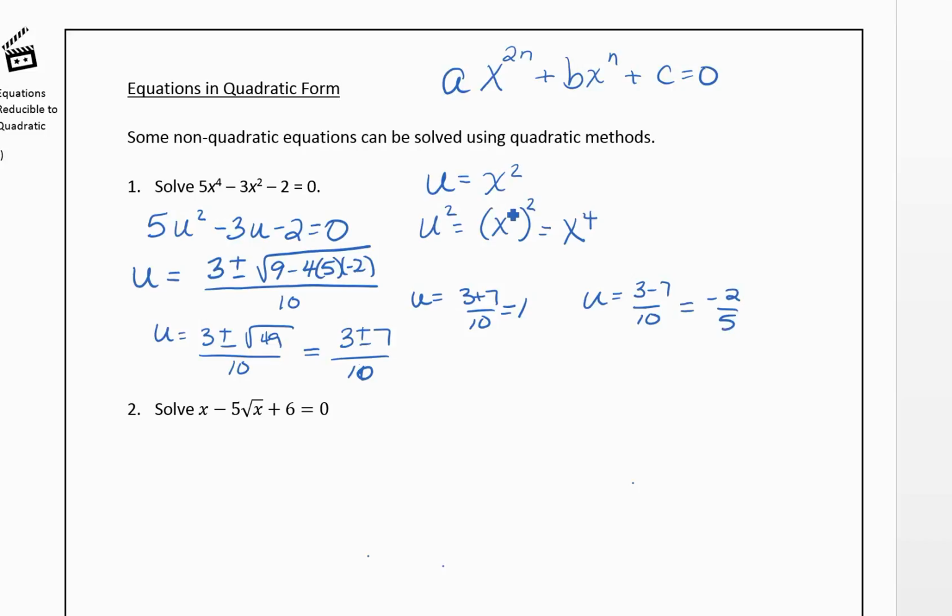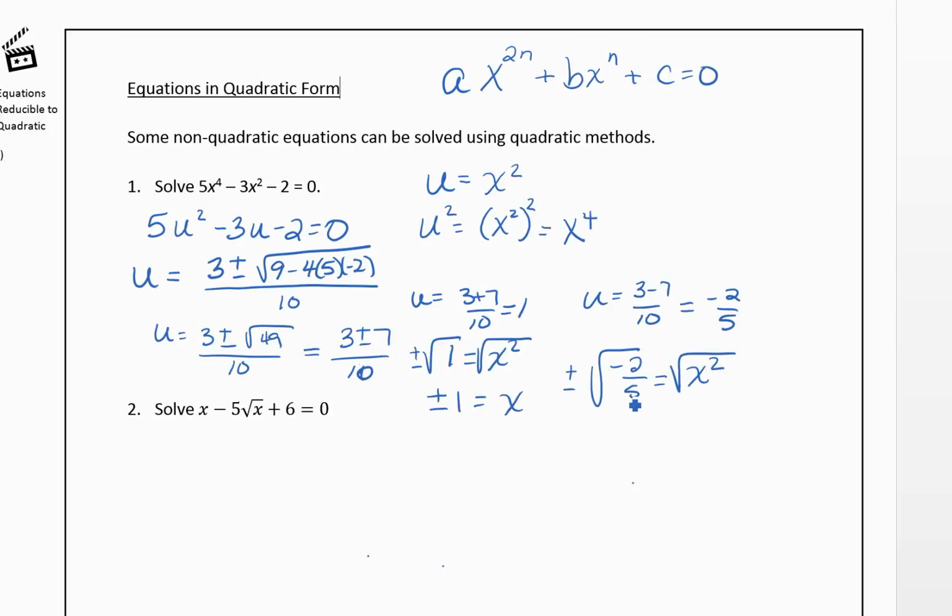Now, remember u is equal to x squared, so for each of these u's, we have to set it equal to x squared. So we'd say 1 equals x squared, and we would solve this one for x, so we'd take the square root of both sides. We get plus or minus 1 equals x. And we'd also have to do it over here. We'd have to say negative 2/5 equals x squared. So we'd take the square root of both sides here.